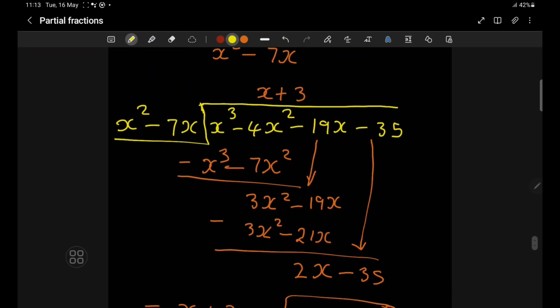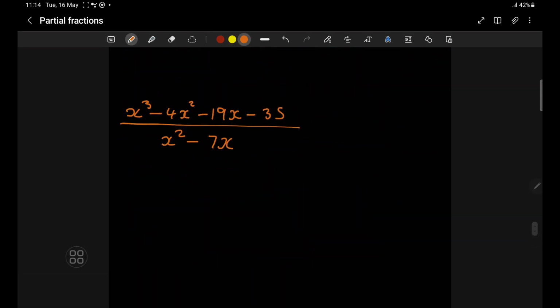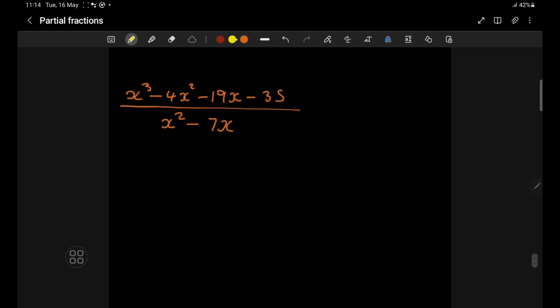The decomposition: we first write the solution that we had from the long division. When we divided, we got x plus 3. Now the partial decomposition, where we've gotten our values of 5 and negative 3. So A is 5, so 5 over x plus negative 3 over x minus 7.